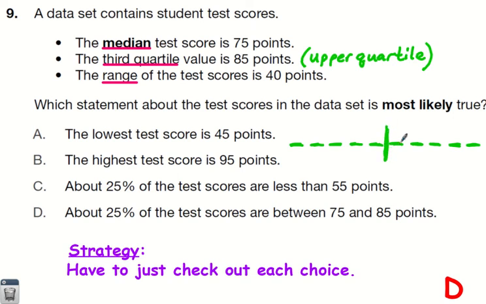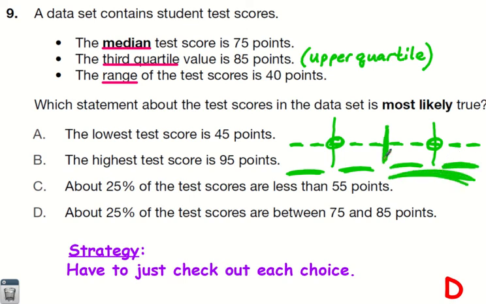The upper median would be right here. Here's the lower median. So you got basically 25%, 25%, 25%, 25%, because you got 50% above the median. So that's what we're talking about. 25% between the median and the upper median. Yeah, right there, 25%. D.